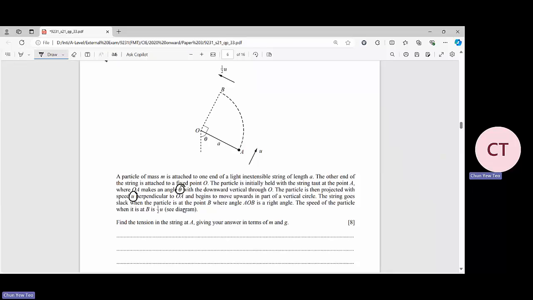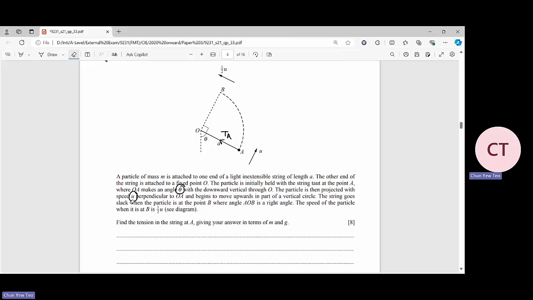The string goes slack when the particle is at B, where AOB is a right angle. The speed of the particle when it is at B is half u. See the diagram. Find the tension in the string at A. Okay, so this is the tension in the string at A. I call it TA. Giving your answer in terms of m and g.